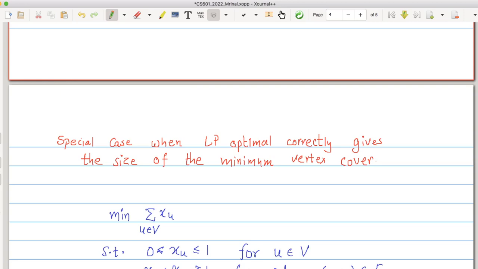There are a few such examples. There are not many, but interestingly, for vertex covers, there is a special class of graphs for which LP optimal is always equal to the optimal weight of a vertex cover, and that class is bipartite graphs.